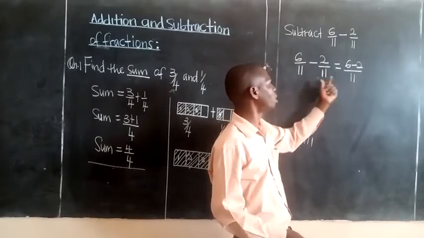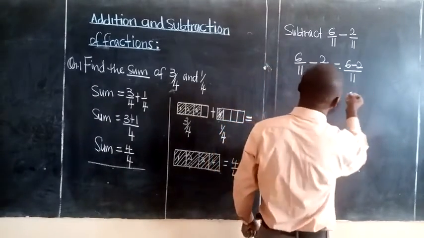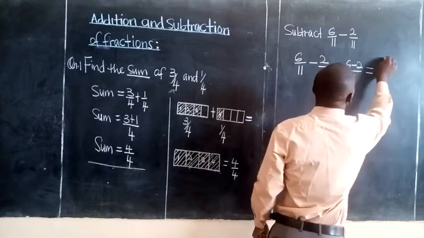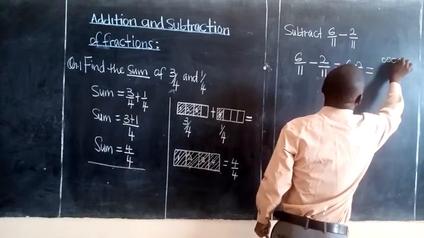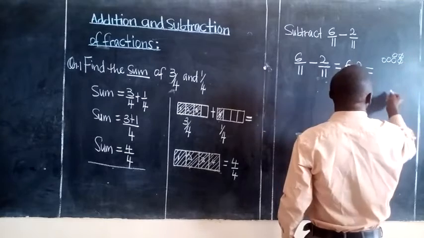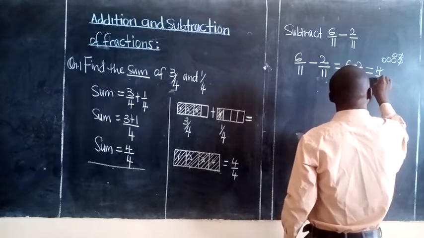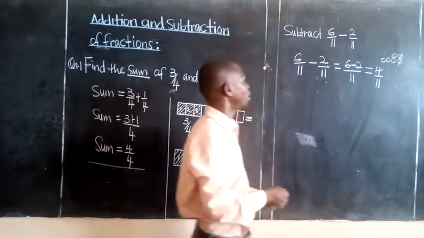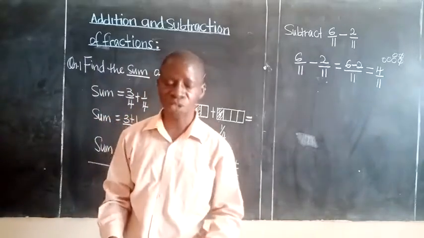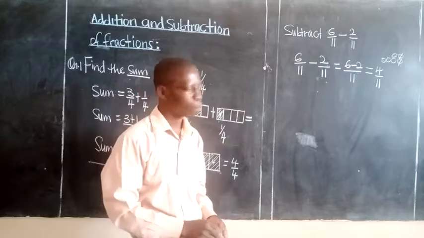The one will represent the other. So our answer is going to be 6, taking away 2, 1, 2, now we are having 1, 2, 3, 4. So the answer is 4 elevenths. We are doing that just to make you gain perfection. So please pay attention.